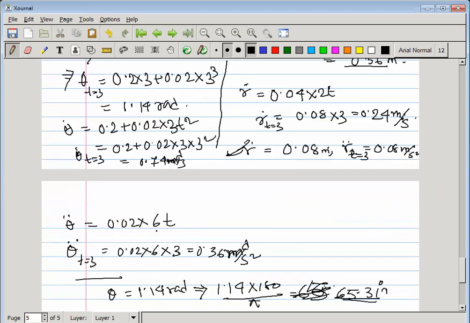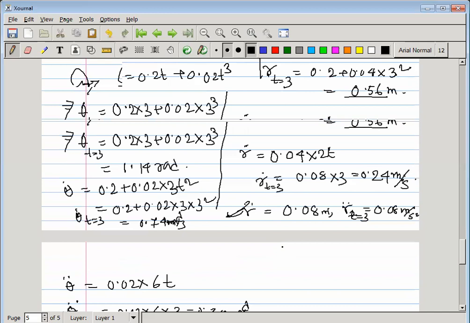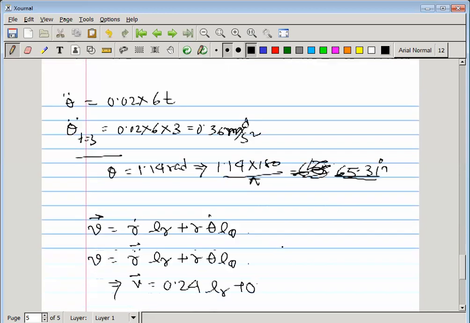So r dot is how much? r dot is 0.24, no? So v is equal to 0.24 er plus, this is the vector actually, and r is 0.56.